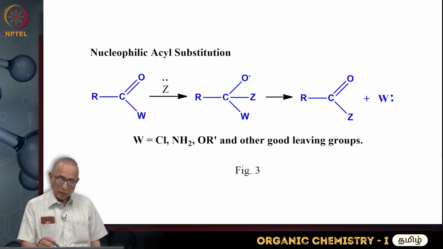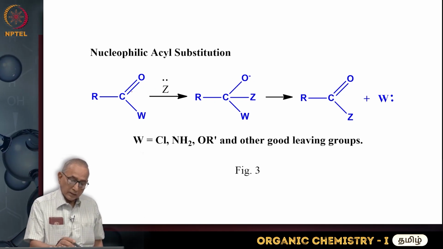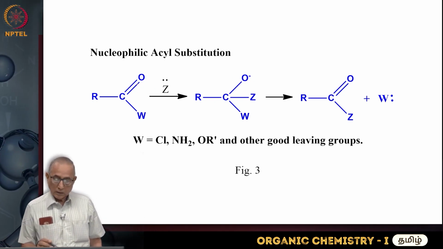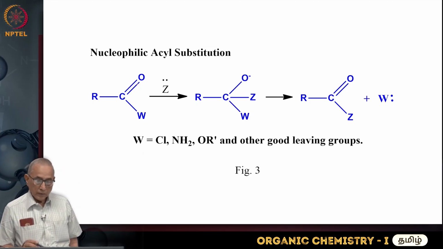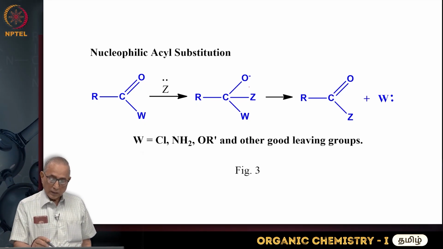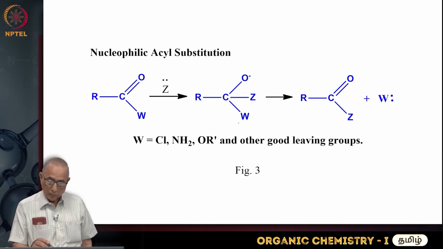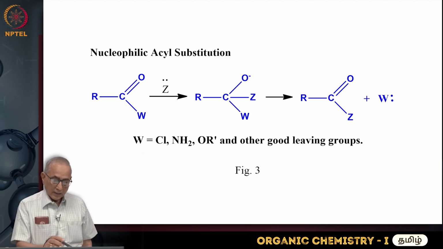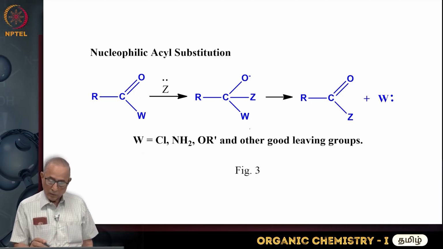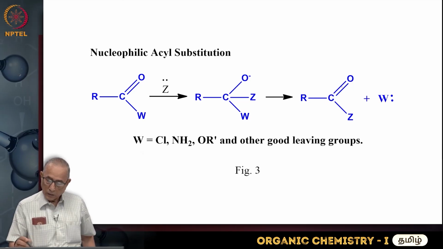The Z attached to the carbon, O minus. When this attacks, the double bond will go to the oxygen. That O minus will come back, form a double bond, and remove W. Z is attacking. Afterwards, W is removed as W minus, giving COZ.